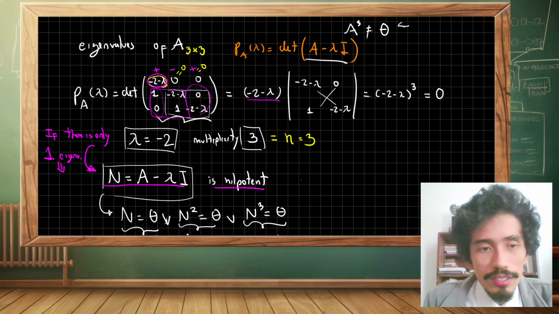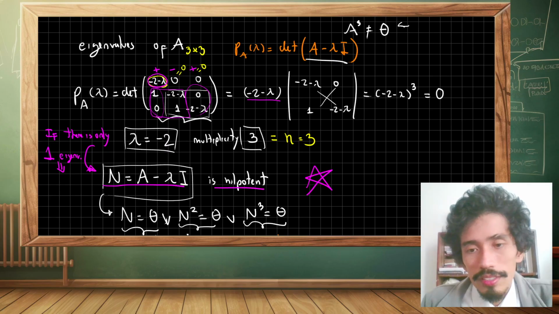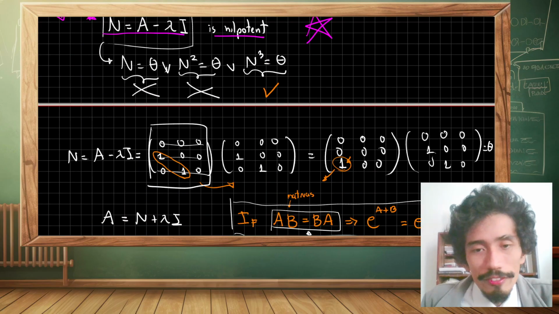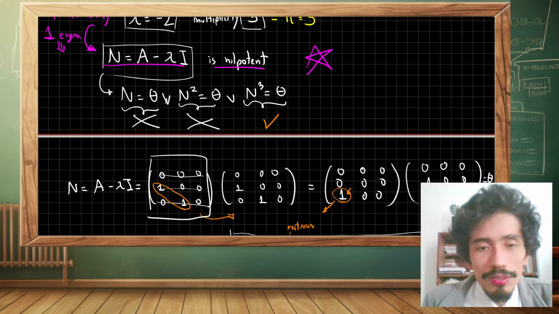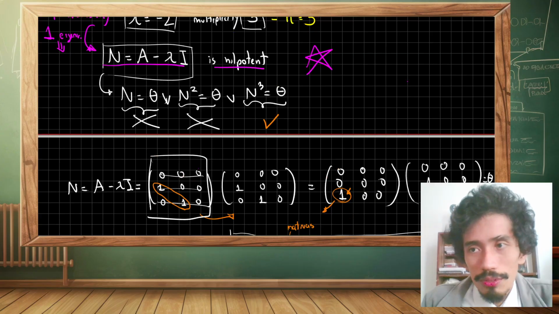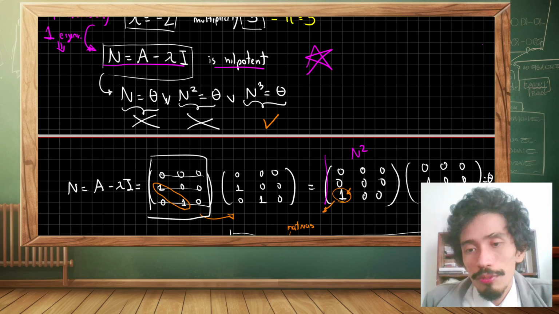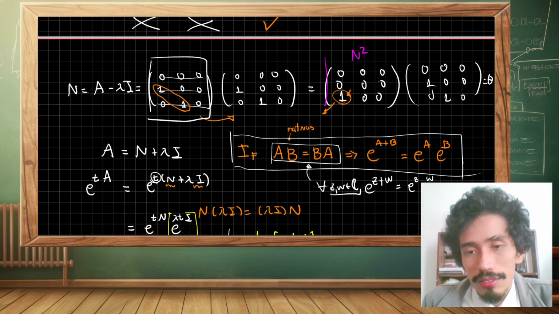So this was perhaps the important property that we used. After that, we only had to do some minor calculations, which were relatively easy. If you knew this property, you didn't even have to do any calculations. You already knew that N squared will be this one, this is N squared, and N cubed will be 0. So this was quite trivial.